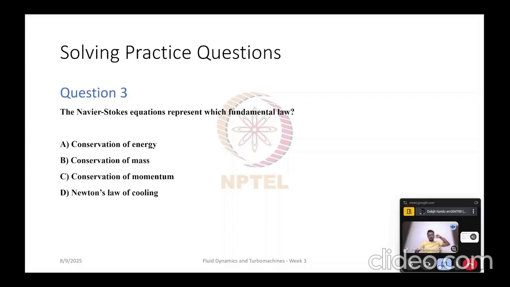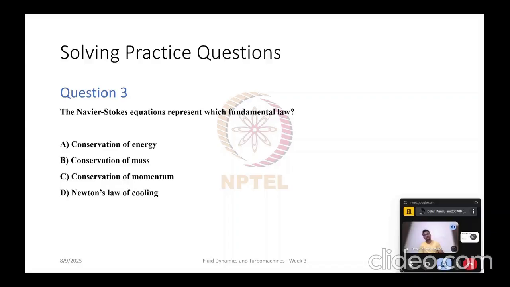So there is a fundamental law of nature that we know, which is represented by the Navier-Stokes equations in the Eulerian frame of reference.